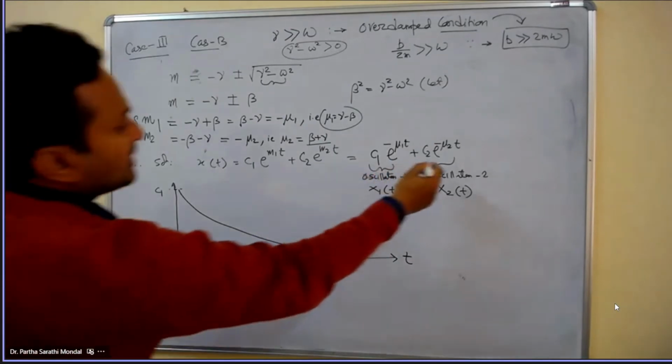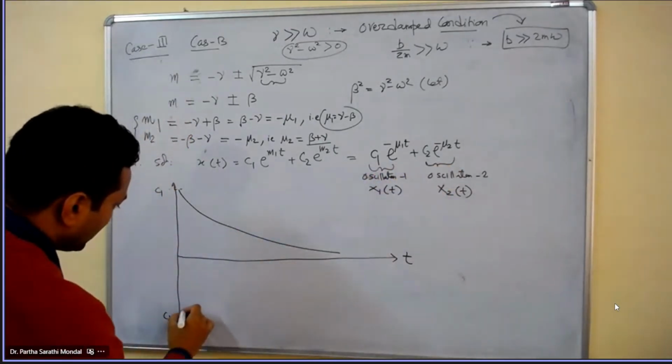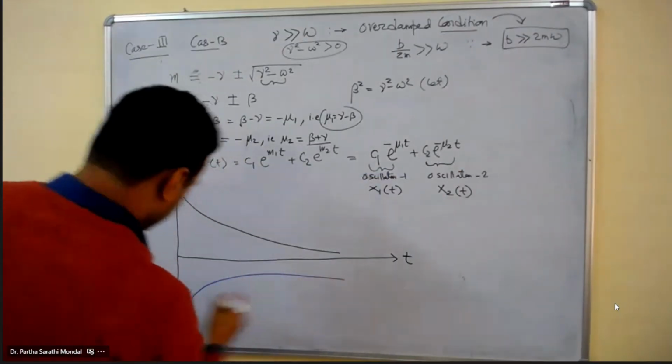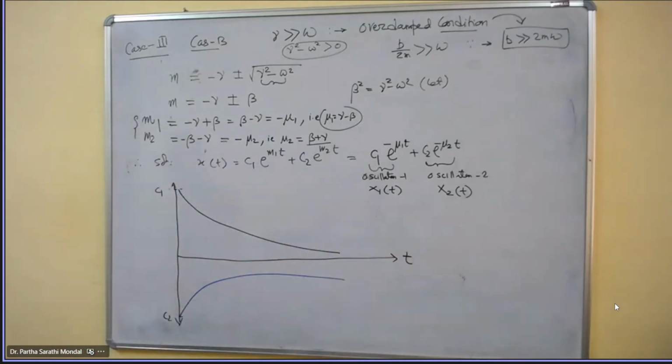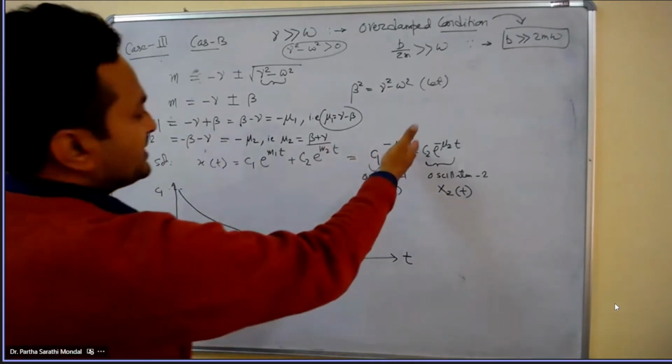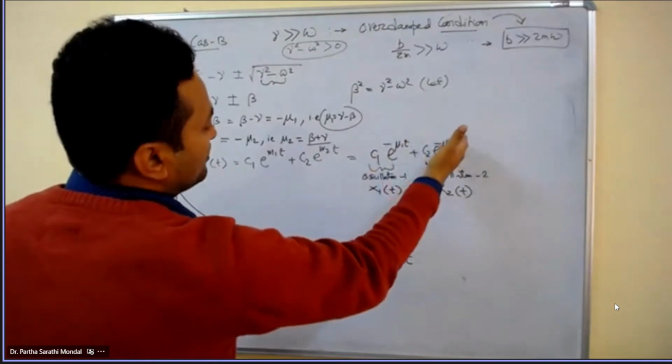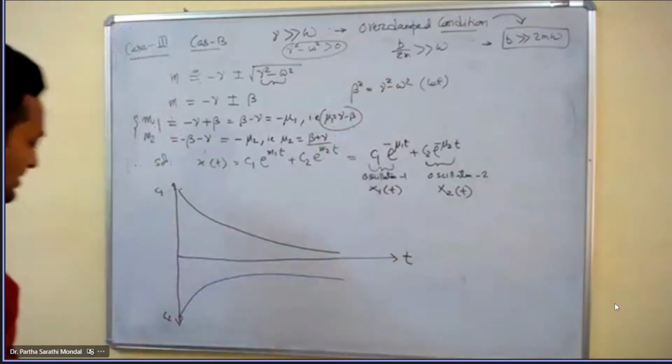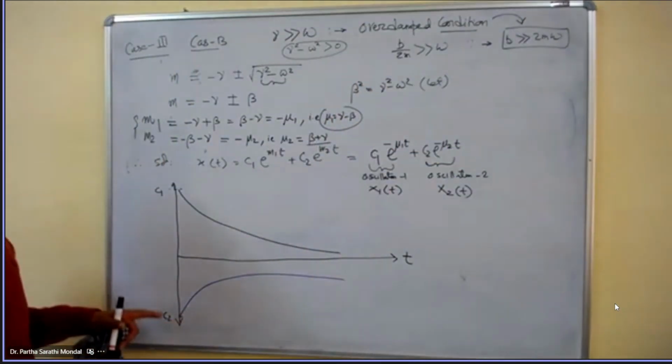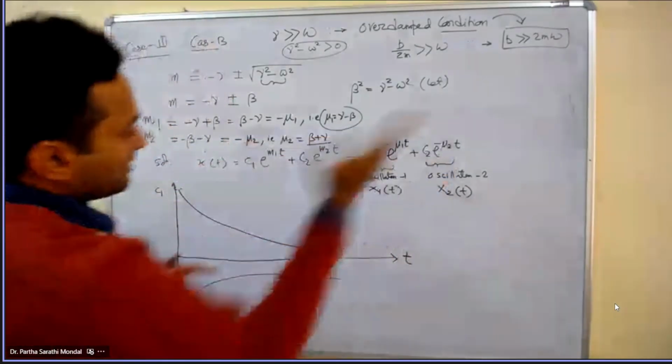The oscillation 2 will become something like that. I'm taking the extreme cases, they are opposite. That means this is positive, this is negative, or this is negative, or this is positive. But they are all decreasing functions. They are contributing out of phase here.